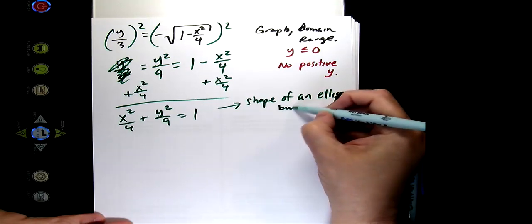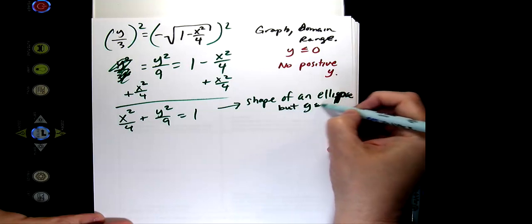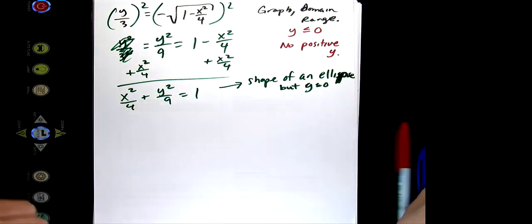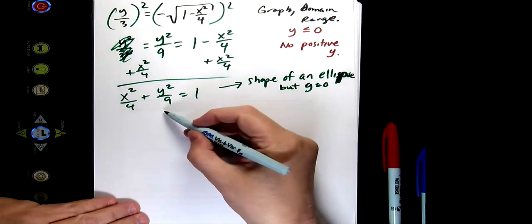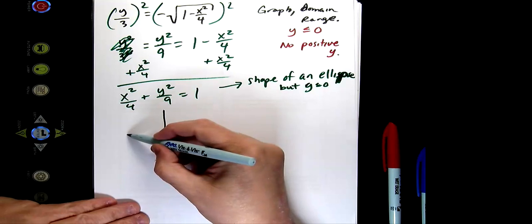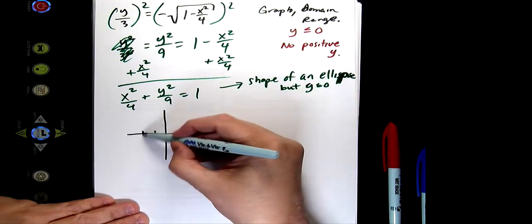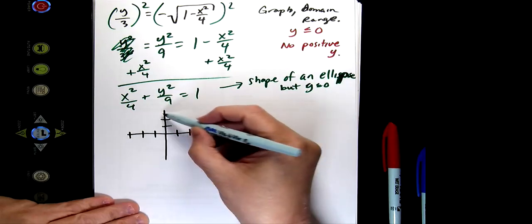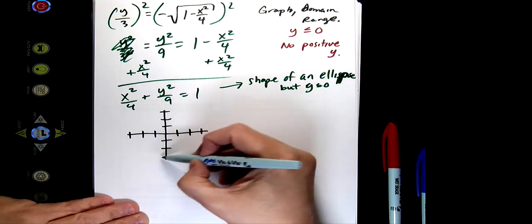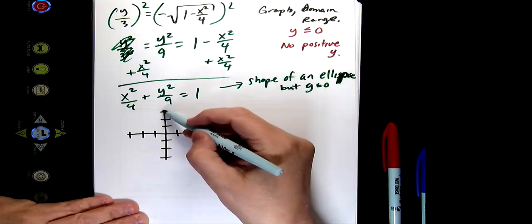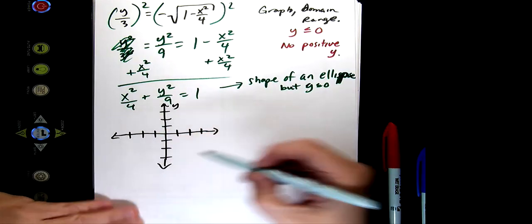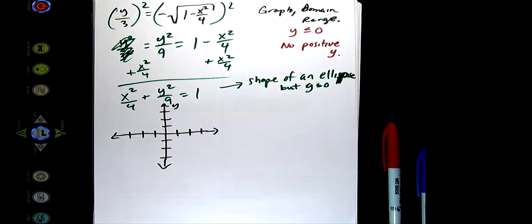But y has to be less than or equal to 0. All right, so what does my graph look like?